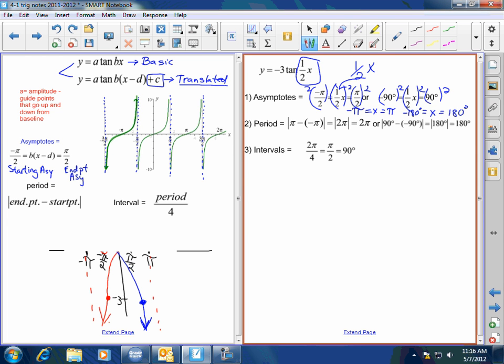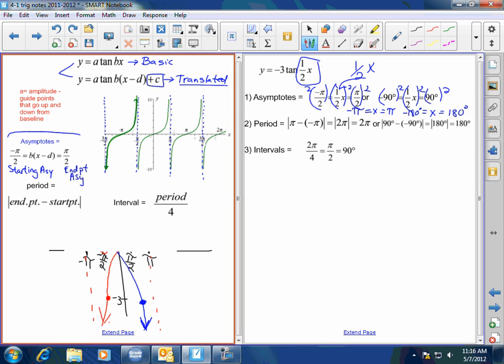Yes, sir. Pi over 2 is 90, sir. Yes, pi over 2 always has to be 90. That's why I put this formula right here for you, sir.